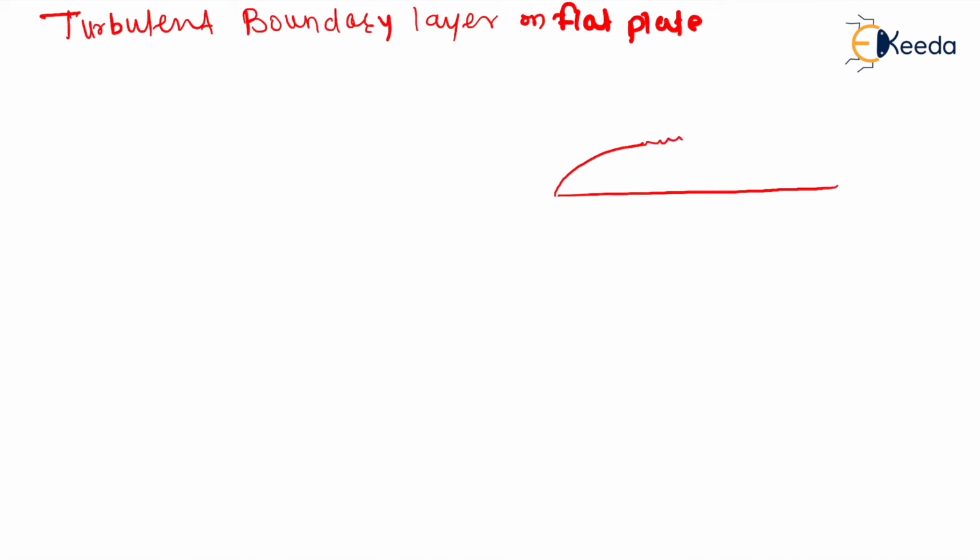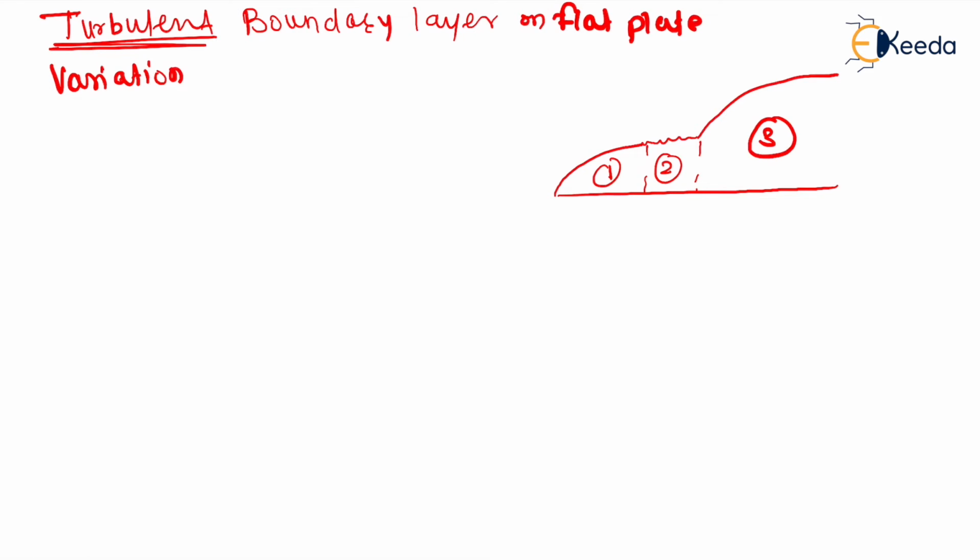Whenever there is a flat plate, there are three zones: this is the laminar zone, this is the transitional zone, and this is the turbulent zone. So I am talking about this third zone, that is the turbulent boundary layer zone.